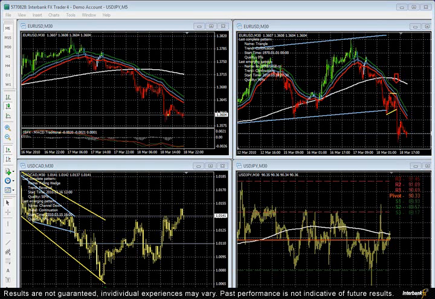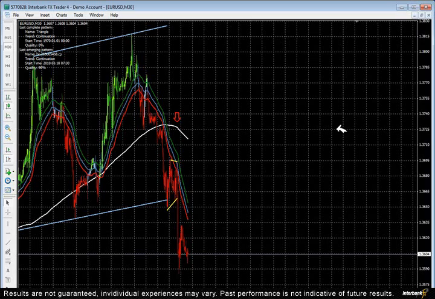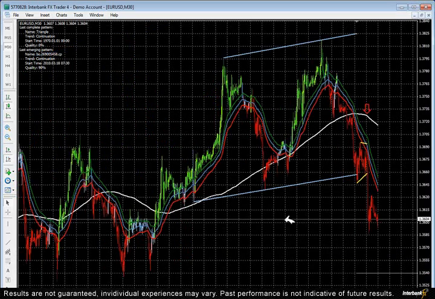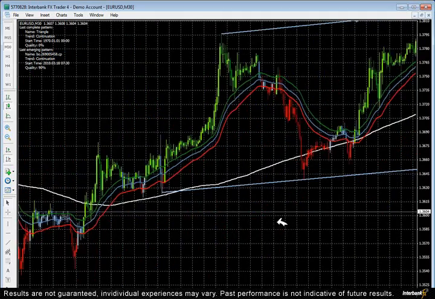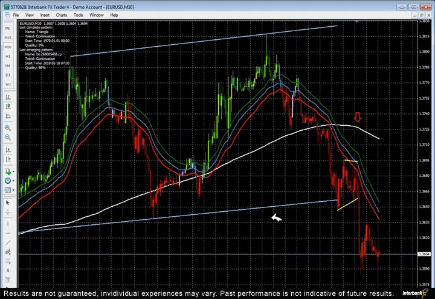And if we were to take a look, for example, at the Euro-US dollar here, and it's kind of obvious today, with the kind of movement we saw, but if I were to ask you, what's the market trend? What's the direction of this Euro-US dollar in the 30-minute chart? I think most of you would say down, correct? I agree.